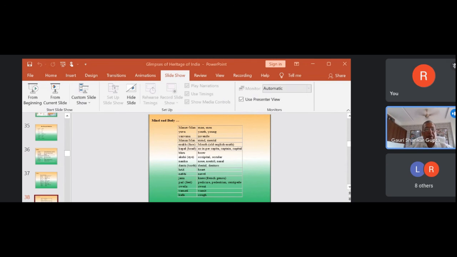Nabhi is the central point of the body, and that is the navel. Janu is the knee, and it becomes knee. In French it's called genou. Then pad, you can see pedicure, pedestrian, centipede. These are words coming from pad. Same thing, in English it becomes feet, but in French it's called pied.